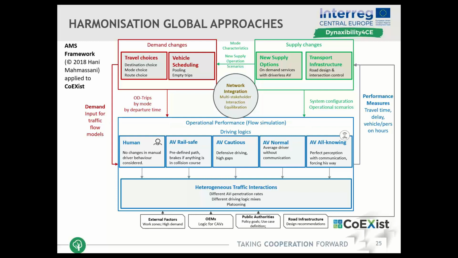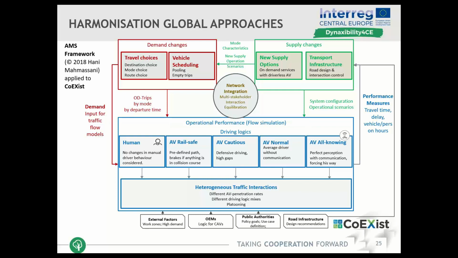On the bottom, you can see the operational performance level, and this is what we're talking about in relation to specific driving logics and how they interact in these heterogeneous traffic conditions, the different AV penetration rates, driving logic mixes, whether you're including platooning or not, and so on.